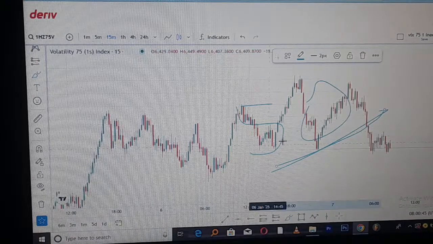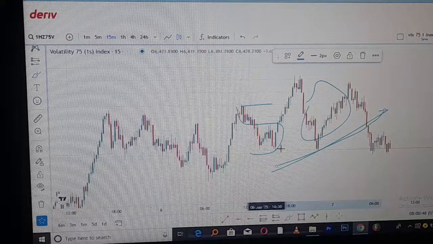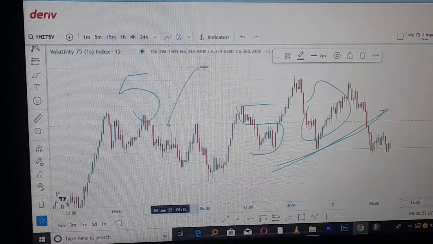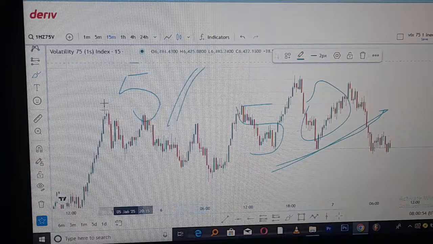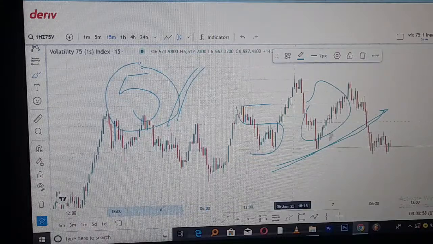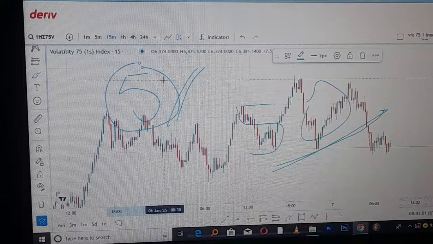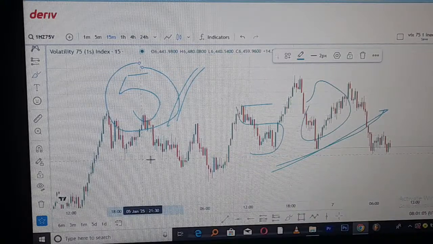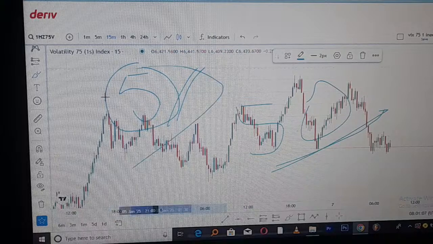Then you transfer $5 to your MT5. If you lose this $5, you will remain with $45, and this will help you to keep moving. Keep that in mind. In your MT5, deposit just $5.